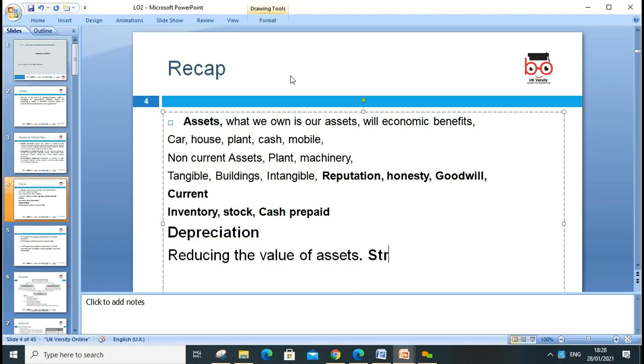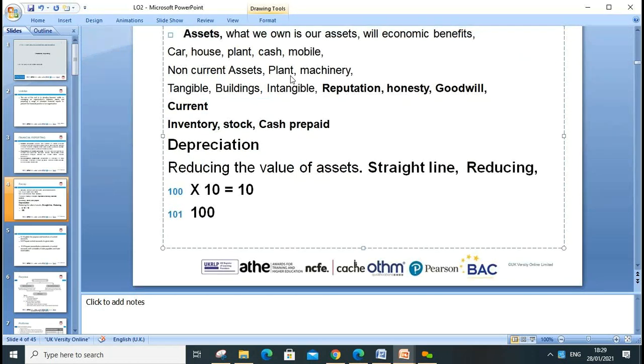We discussed two methods to calculate depreciation. One is straight line: 10% every year. If I have £100 in the first year, 10% on 100 is £10, so every year I carry on with £10, £10, £10 and the value goes down. With the reducing balance method, I take 100 minus the previous year's 10, so I have £90 now, and on £90 I do 10%, which is now £9.